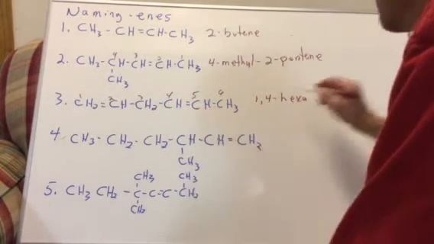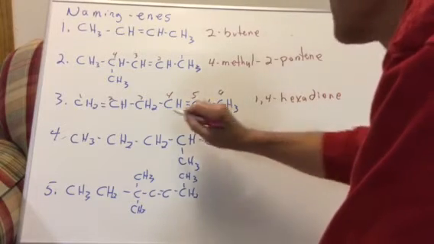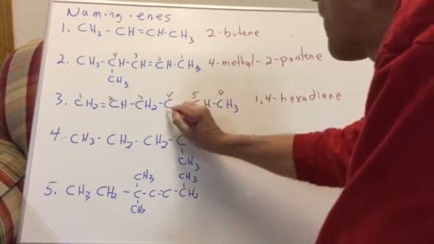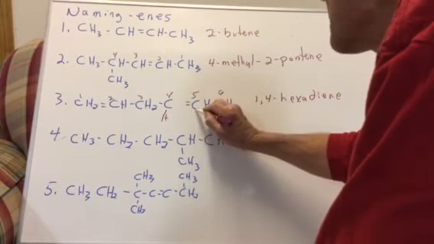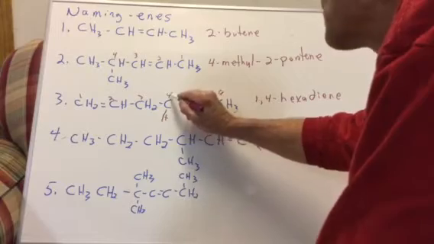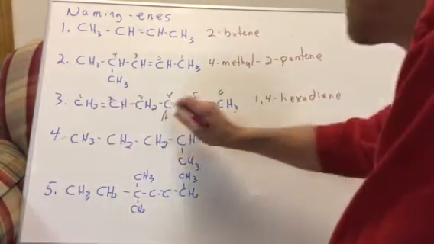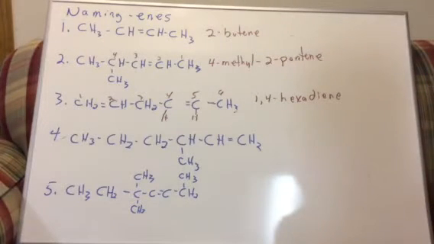You have 2 enes, so it's diene. Now, let me do this real fast, because this would be a hydrogen down here, and this would also be a hydrogen down here, to show you that that double bond is hooked to the number 4 carbon. So always to the lowest one you can get it to. So again, 1, 4, hexadiene.